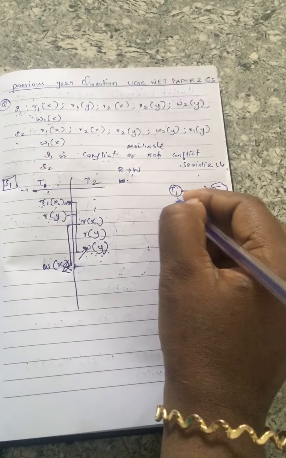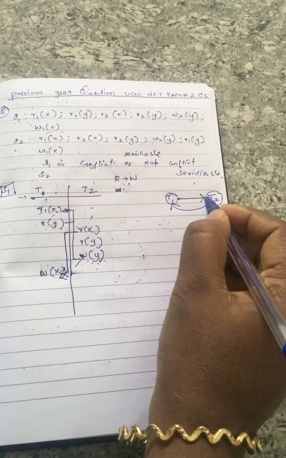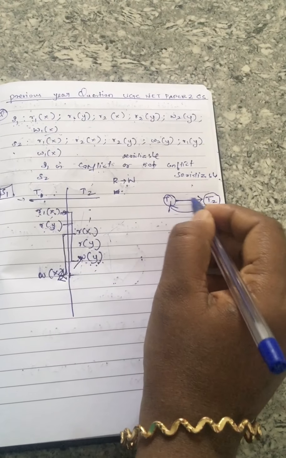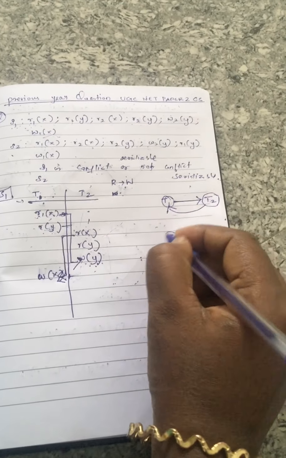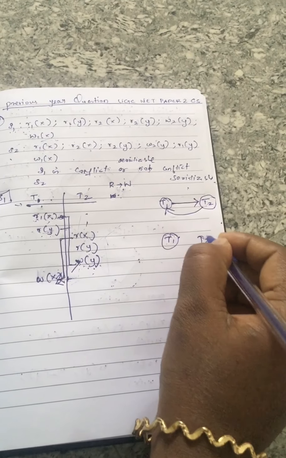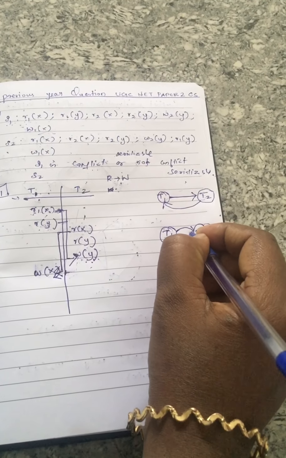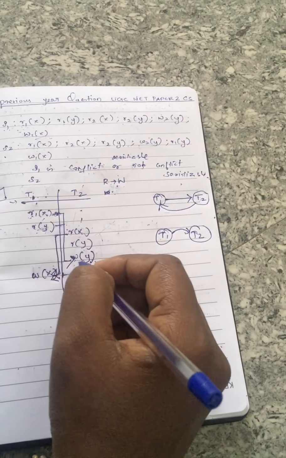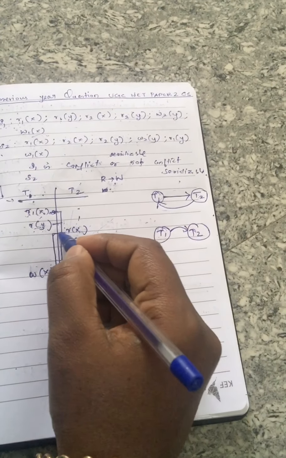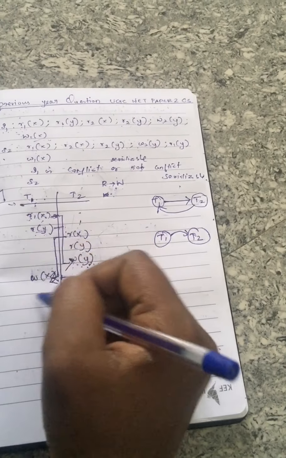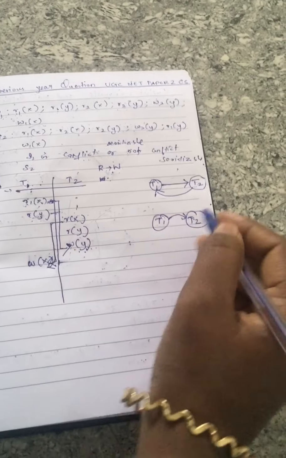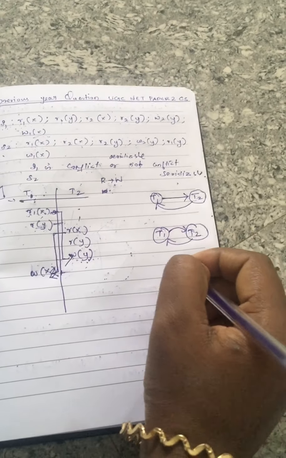So T1 to T2 and T2 to T1 together form a cycle.